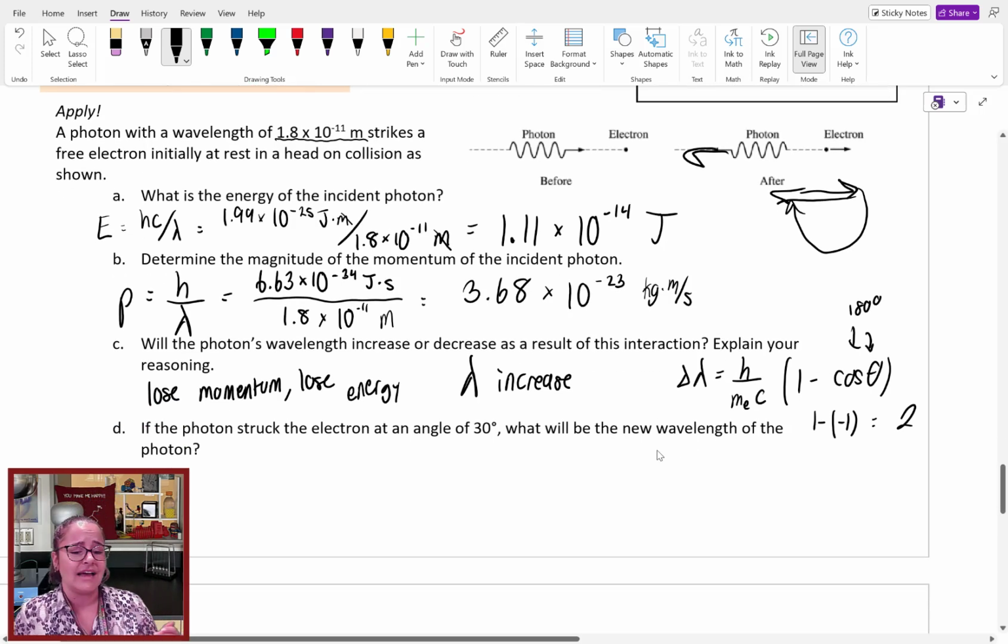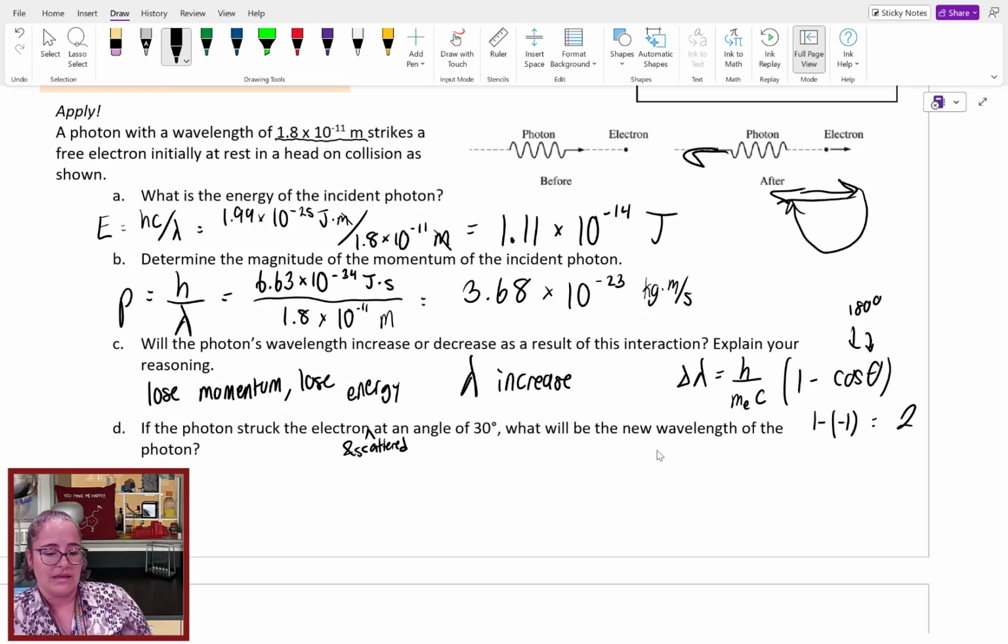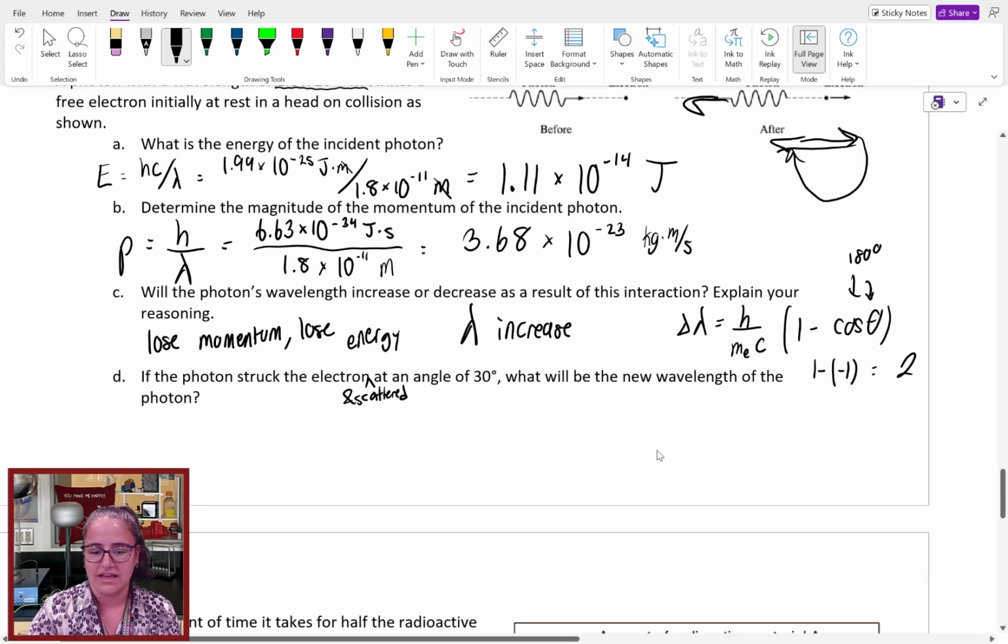If the photon instead struck the electron and scattered at an angle of 30 degrees, what will be the new wavelength of the photon? This time we can actually find this out.